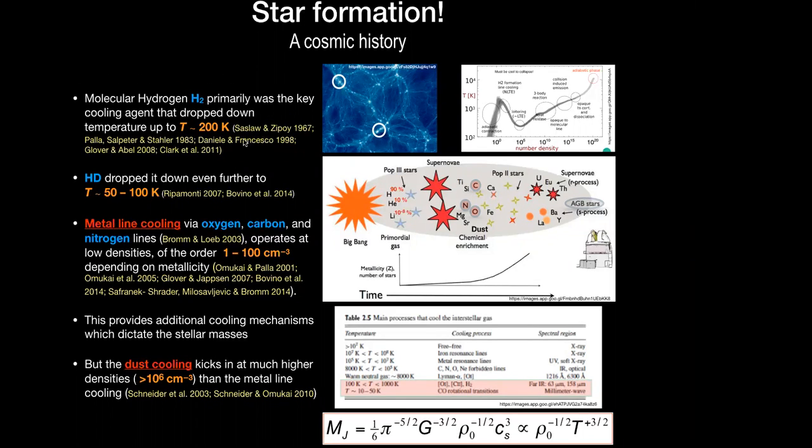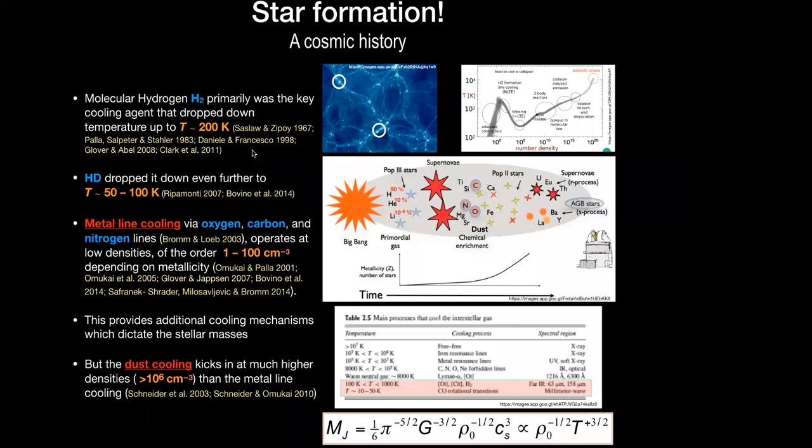And since these stars were quite massive, they had a very short lifetime, and when they ended their life, they actually exploded as supernovae, and those supernovae provided the metal enrichment for the next phase of stars to form.